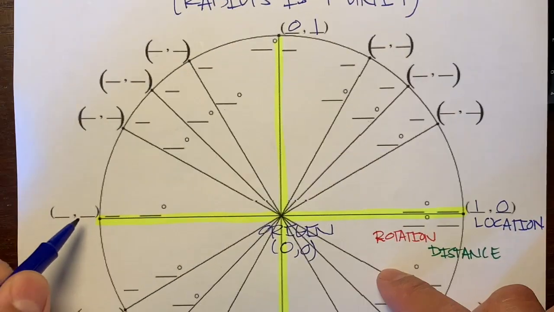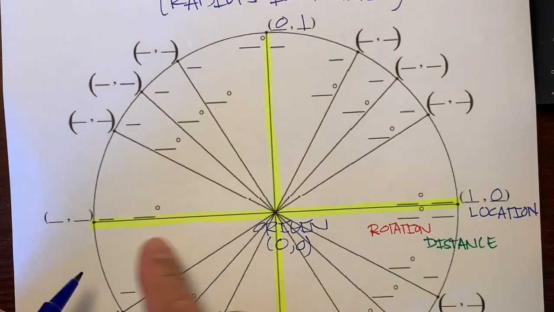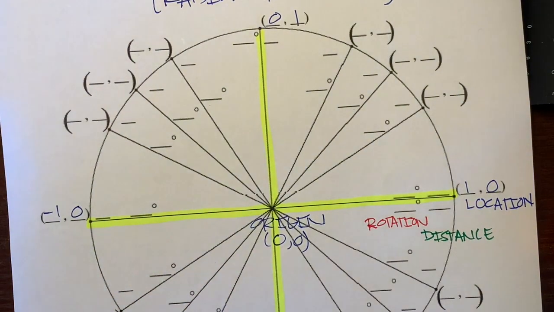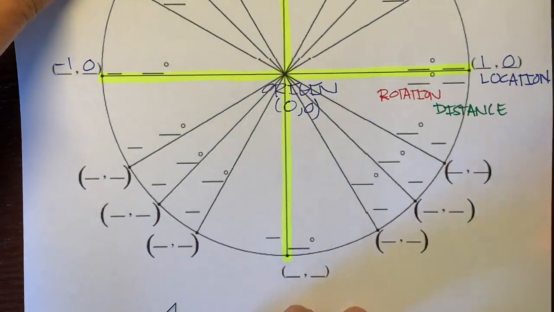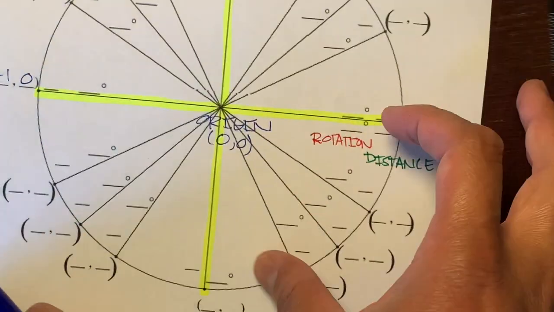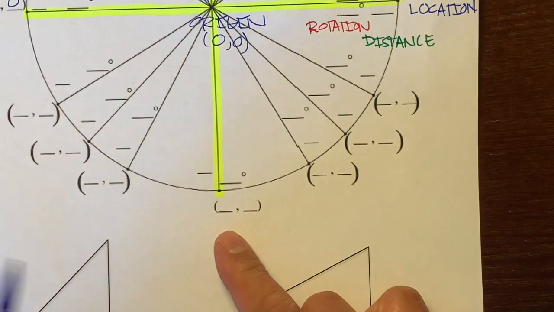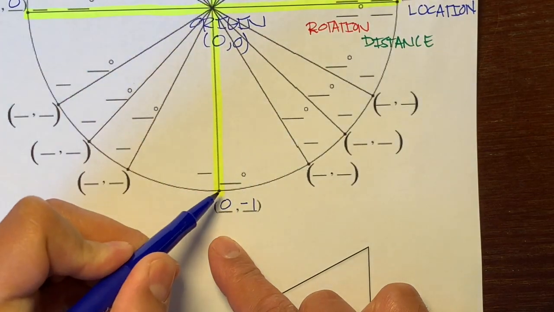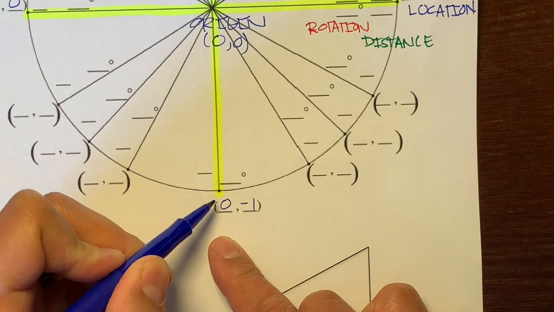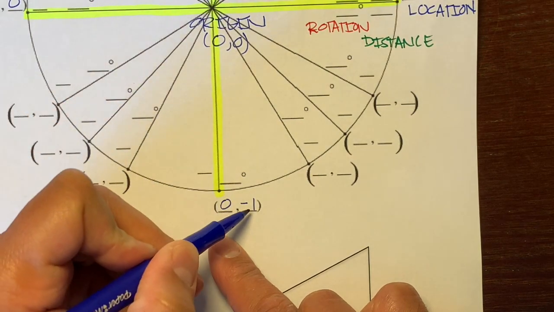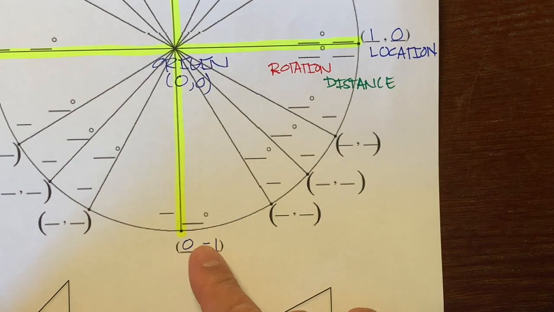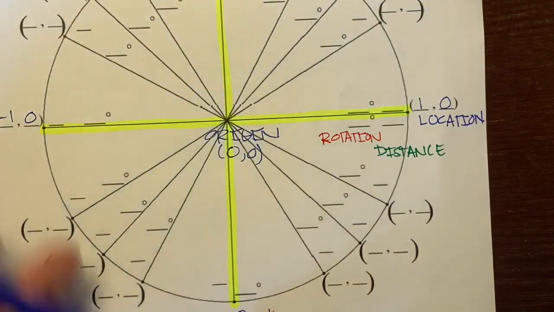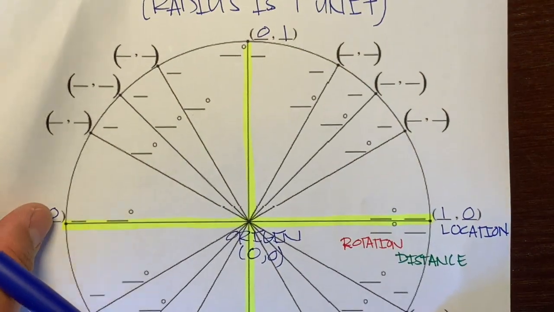And then if we go here, this location is -1, comma 0, and down here, this value would be 0, -1. We didn't move left and right, we just went down 1 unit. So that location is -1. And then if we go back there, so we have 2, 4, 6, 8 values so far. So we have 4 locations.